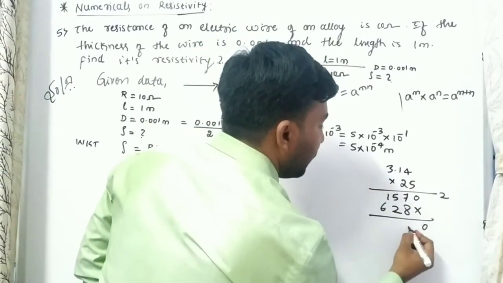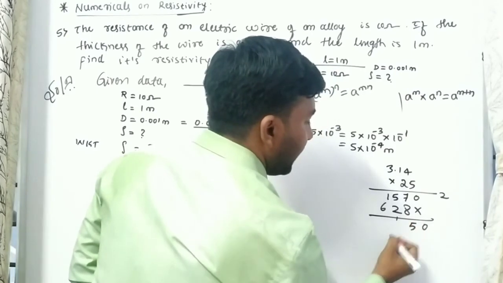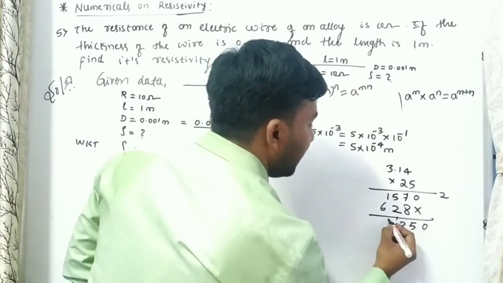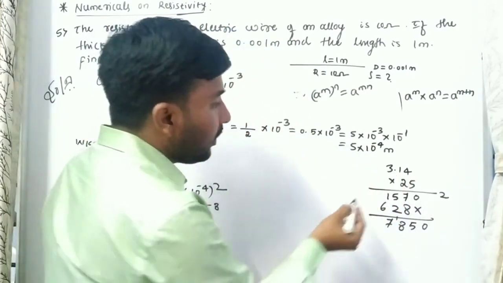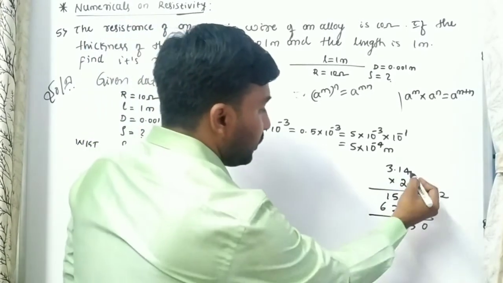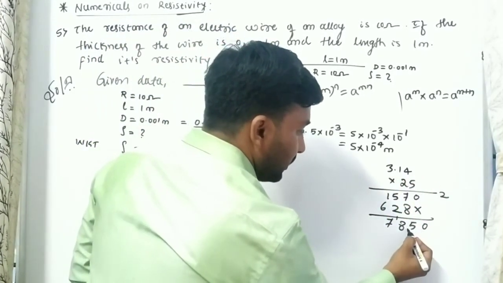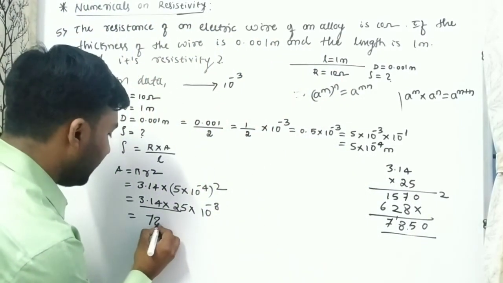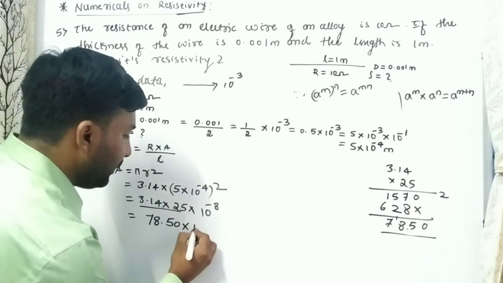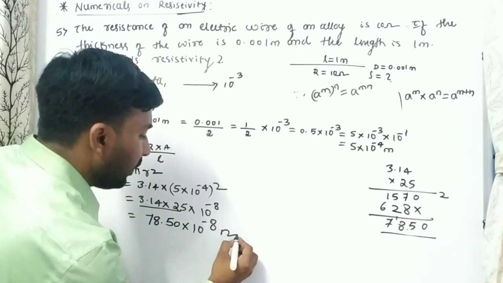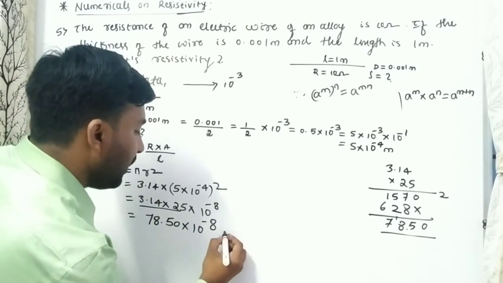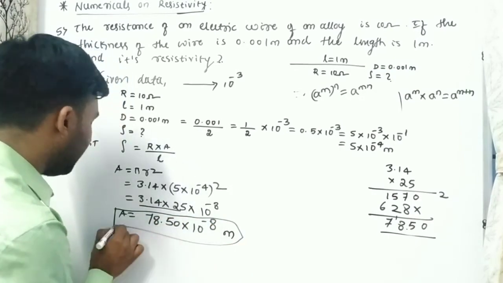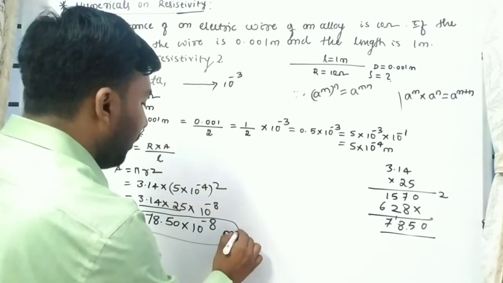Add 0, 15, carry 1, 7, 8, 1 plus 6 is 7. So here we have after 2 digits the point, so I need to give the point after 1, 2. So it's 78.50 into 10 raised to minus 8 meter square. We have calculated the area of cross section.